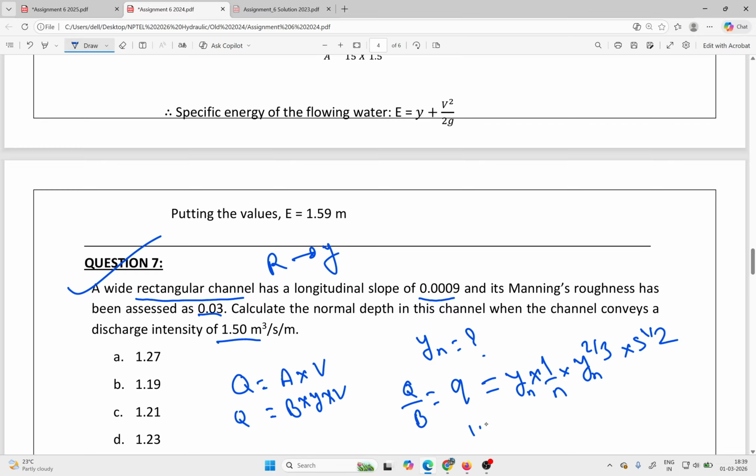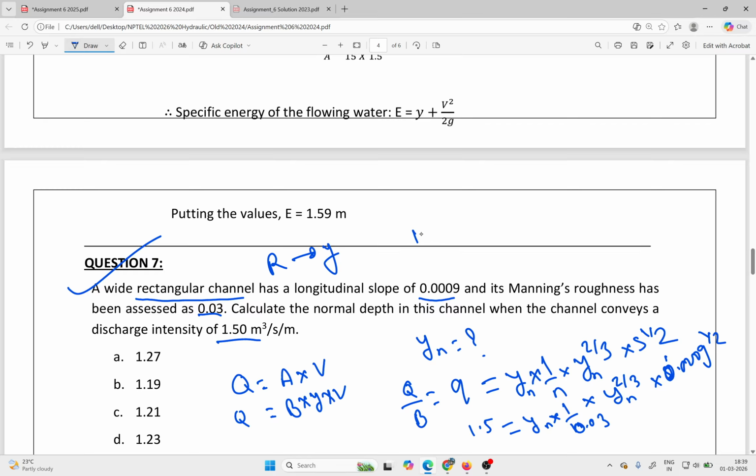So 1.5 is equal to y_n into the n value, 0.03, into y to the power 2 by 3, into S to the power 1 by 2, which is 0.0009 to the power 1 by 2.